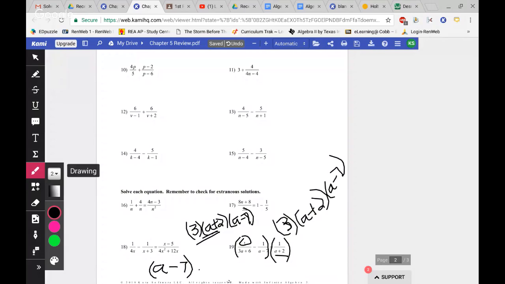So I'm going to keep everything in parentheses until I actually start combining my like terms on the left side of the equal sign. Now I've got this a minus 7, and how many times would it go into that big old common denominator that we have, with what would be left? Well, you would have that 3 times a plus 2, or 3a plus 6.